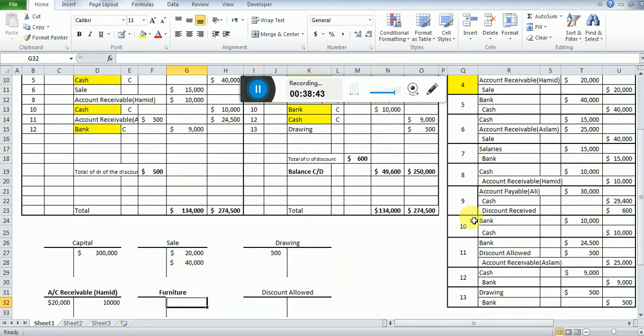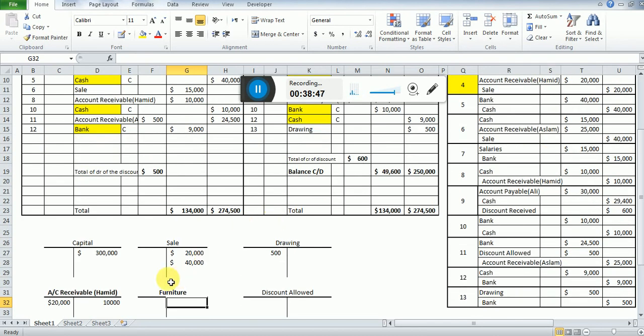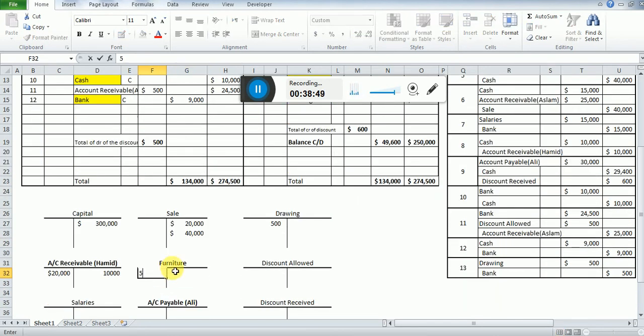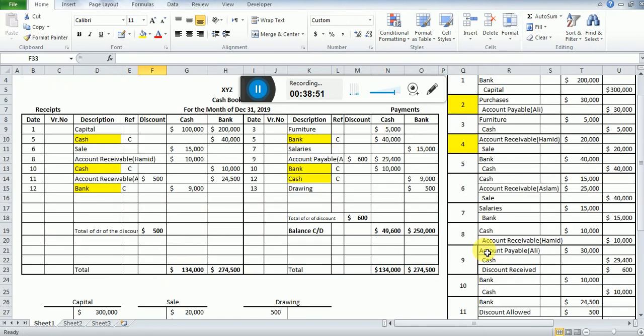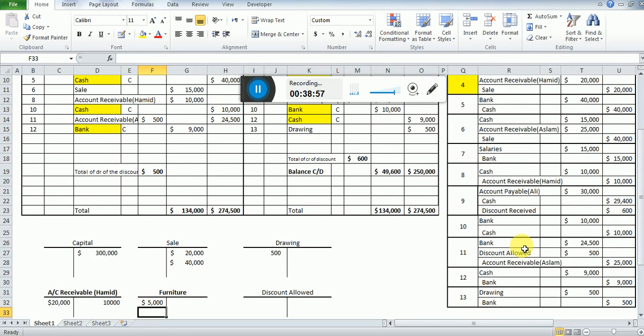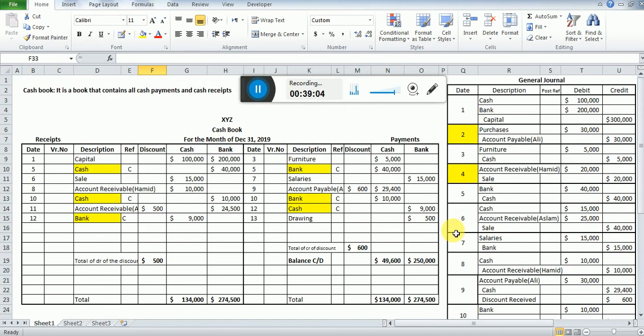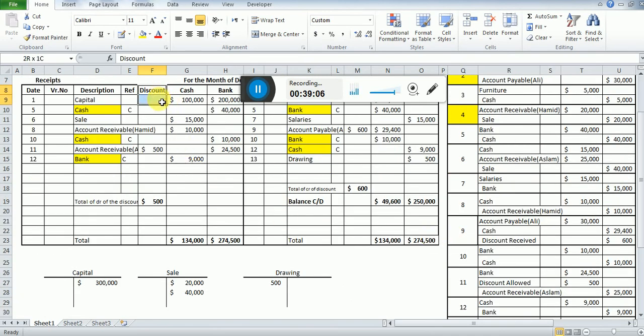We have only one furniture account, debited $5,000. So that is why we have to debit $5,000 here. Do we have any other furniture account here? No, that's it. Next we have discount allowed. Dear students, from where can you take discount allowed? Simply check here: the total discount allowed we have is $500.